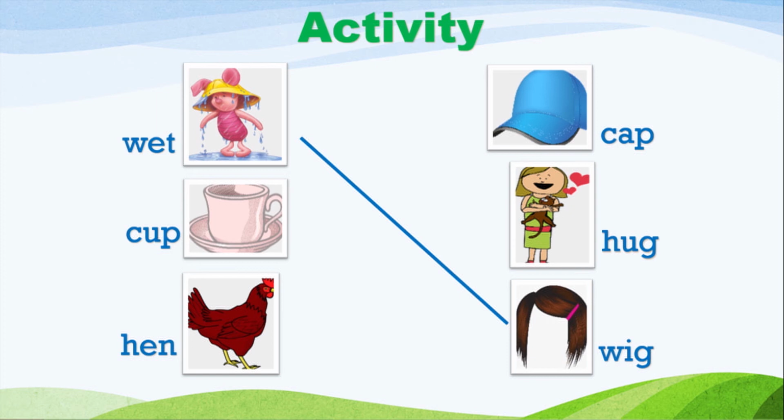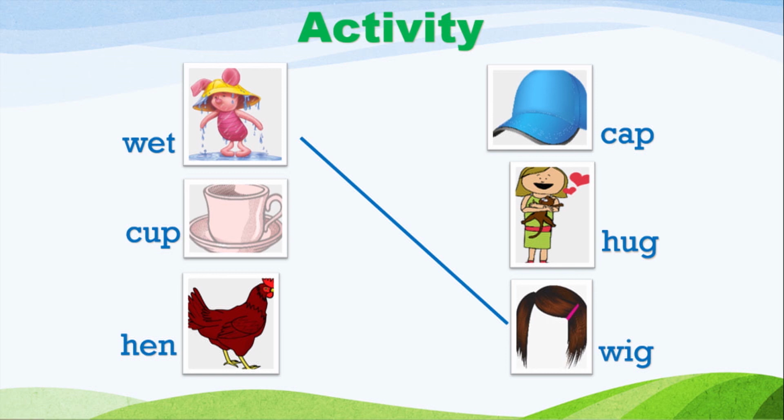So we look at our second word, cup. What sound do we hear at the beginning of the word cup? K-up. So we want to match this to the two remaining words on that side, cap and hug. Is it cap or is it hug? Did you say cap?